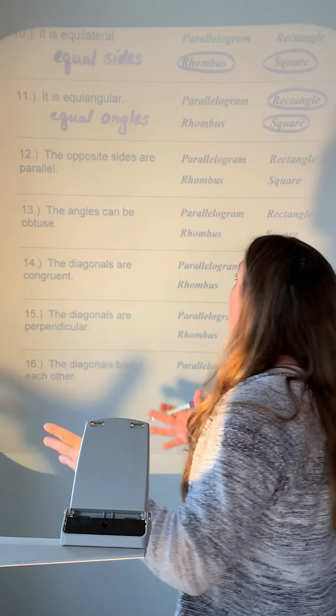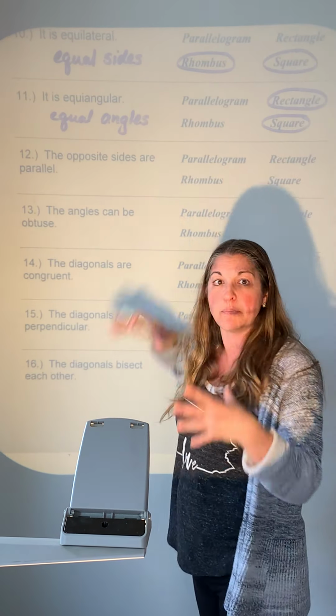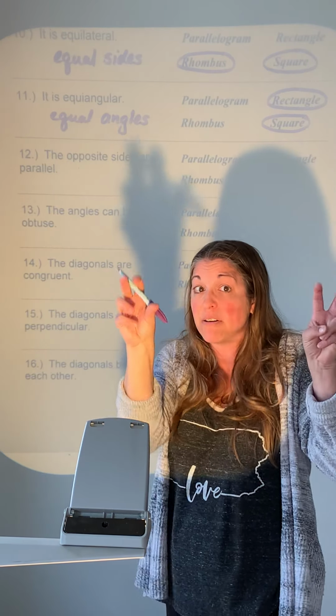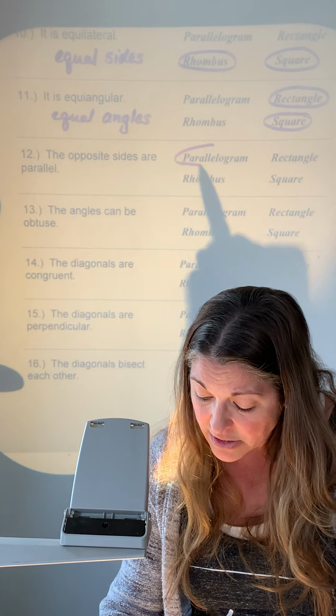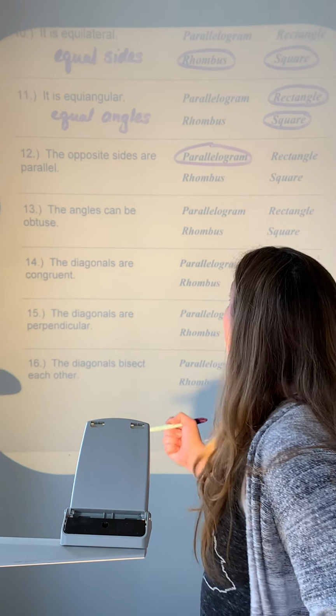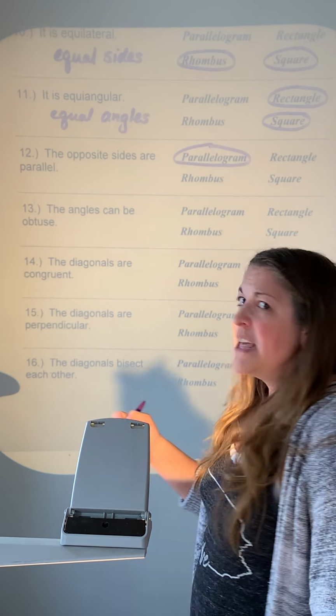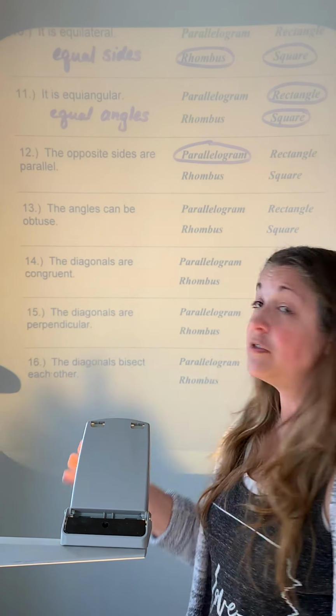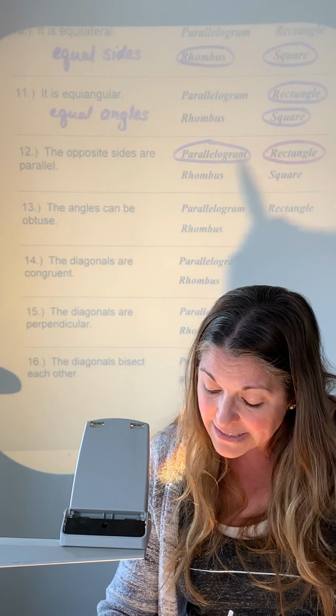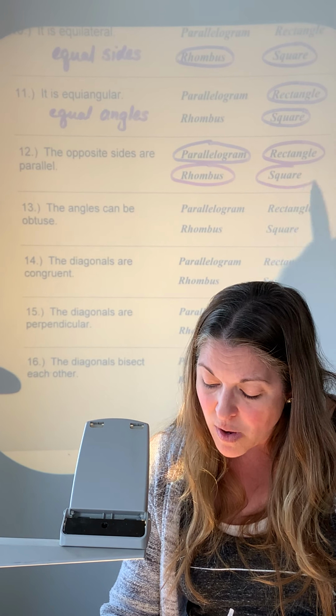Well, that was our starting whole definition of a parallelogram. It's why it was called parallelogram. So we know that it's parallelogram, but we just talked about this on the last slide, guys, that technically all of these are parallelograms. They're just special versions of it. So in this case, guys, every single one gets circled.